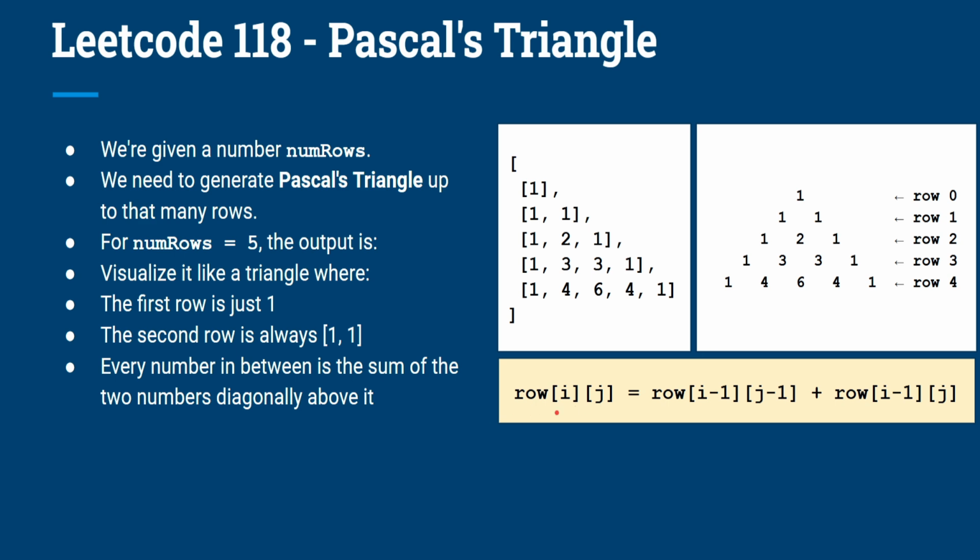It means row i j is equal to row i minus 1 j minus 1, right? If I have to find these two, row i minus 1 means this row, and this is j minus 1, right? So we'll take j minus 1. Similarly, if we take row i and j, we'll take this value. These two values will be added here.